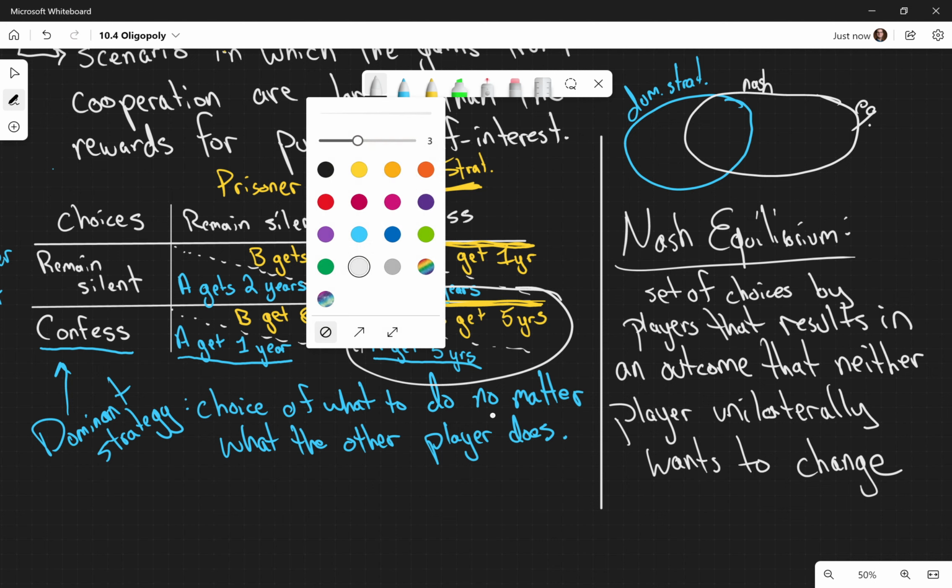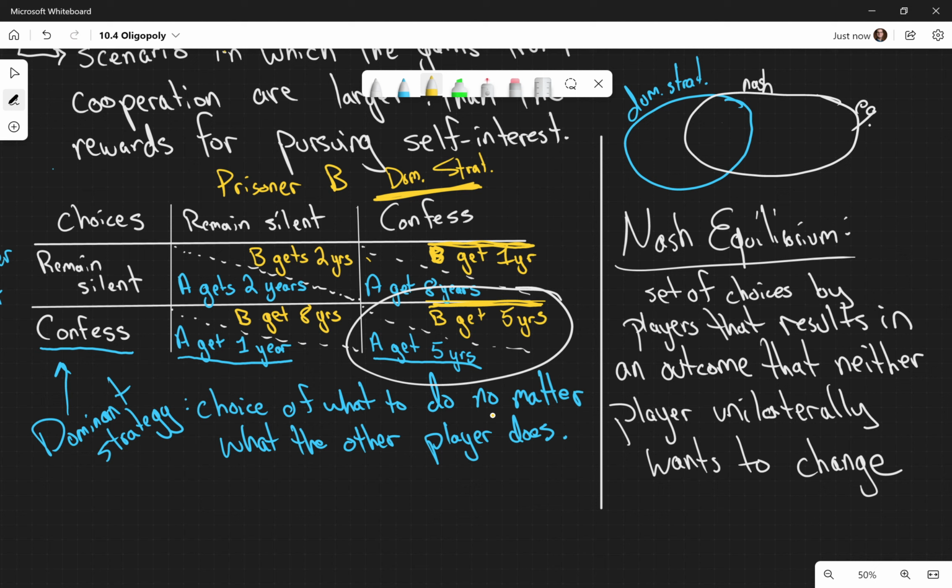And so our particular example does fall smack in the middle here, where the dominant strategies come together. Where this dominant strategy goes to right here, and this dominant strategy also goes to right here. But I really want to stress that just because the dominant strategies point to that outcome does not make it a Nash equilibrium.